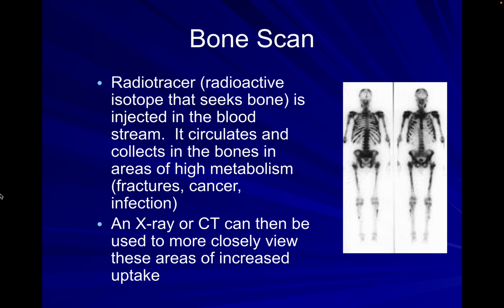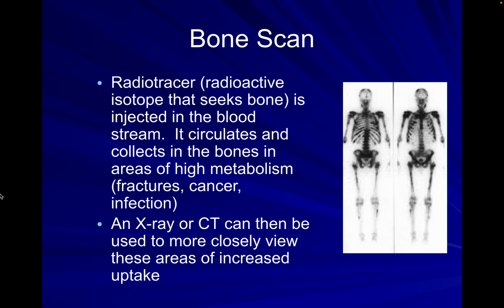And then we have the bone scan, which uses a radioactive isotope that is specific for bone, and it gets injected into the bloodstream, circulates around, and then gets collected into the bones, and it will particularly accumulate in areas that have a high metabolism.